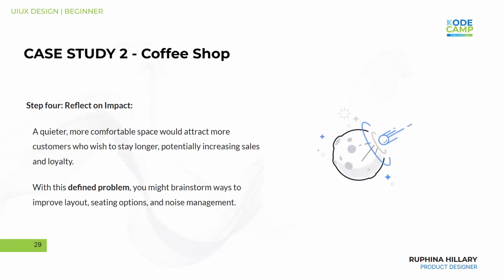So step four, which is an additional step that we don't always look at, is to reflect on impact. Like I said before, when you are deciding on a problem to solve, you should compare and contrast impact and resources. So what resources, like they said limited seating, do you have the money for more chairs or to increase the seating?